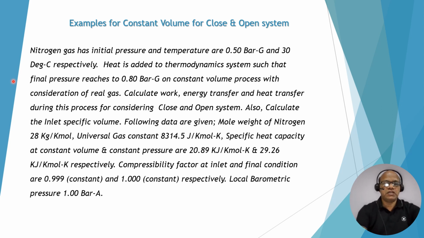Also calculate the inlet specific volume. Following data are given: mole weight of nitrogen 28, universal gas constant 8315, specific heat capacity at constant volume and constant pressure 20.89 and 29.26 respectively, compressibility factor at inlet and final 0.99 and 1 respectively, and local barometric pressure is 1 bar absolute.